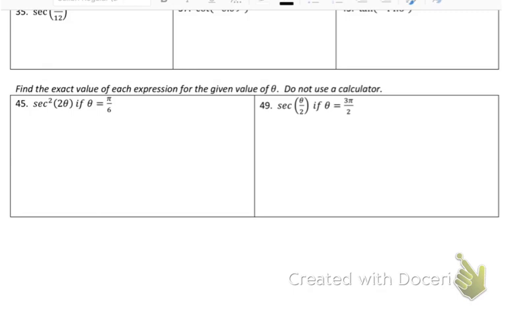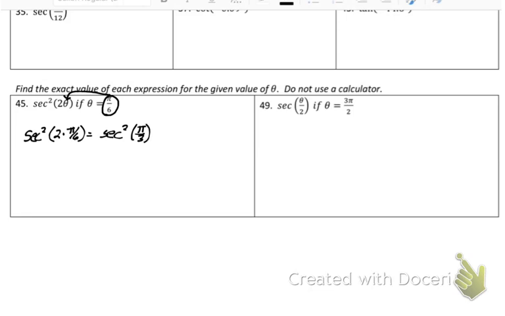All right, 45. We've gone over ones like this, and we'll go over ones like this again. It's just sometimes we get up in our head and we start thinking about it too much. This is secant squared of 2 times pi over 6, which is secant squared of pi over 3.